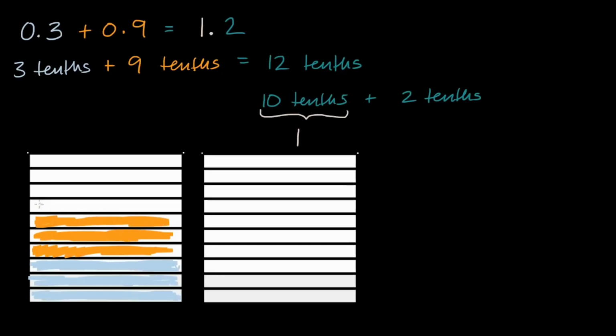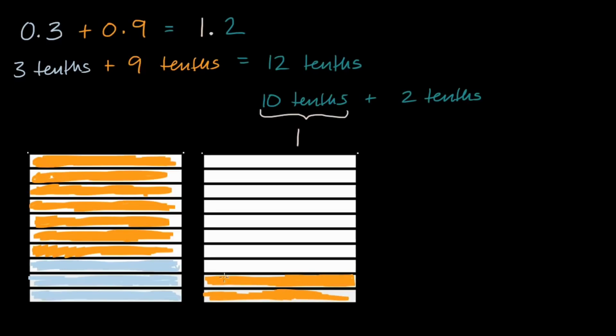I'm not coloring them in fully. 4, you get the idea. 5, almost there. 6, I need to color faster. 7, 8, 9. So there you have it. I have added 9/10. You notice I've colored in yellow 9 of the tenths, and before I had 3 of the tenths colored in.